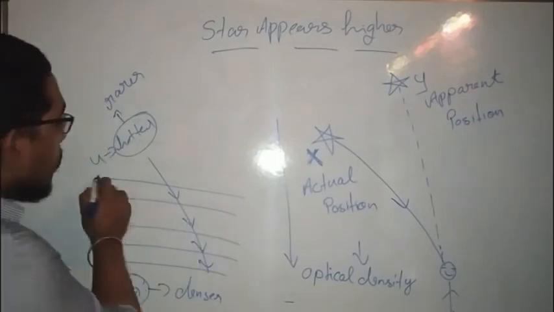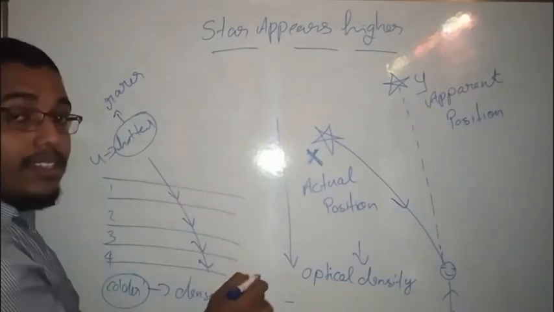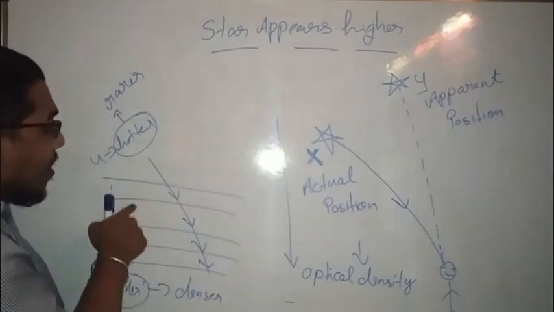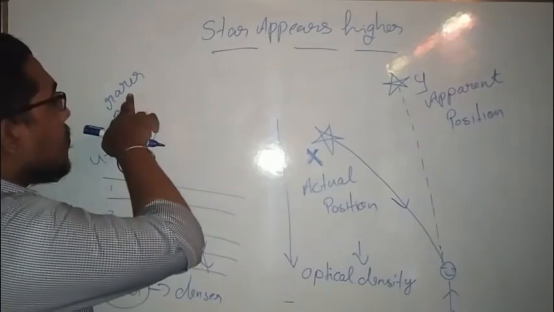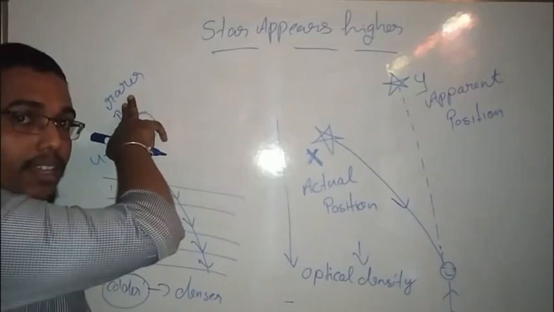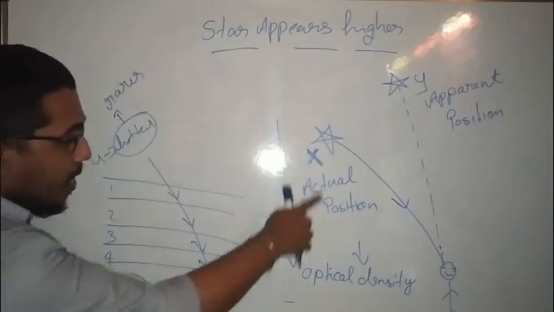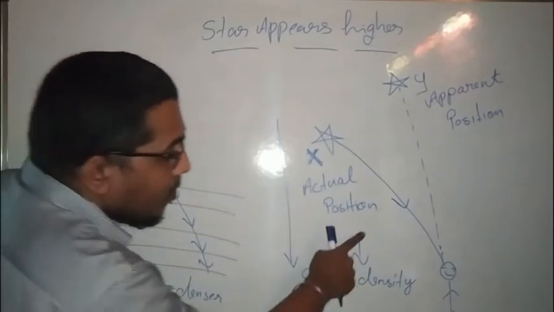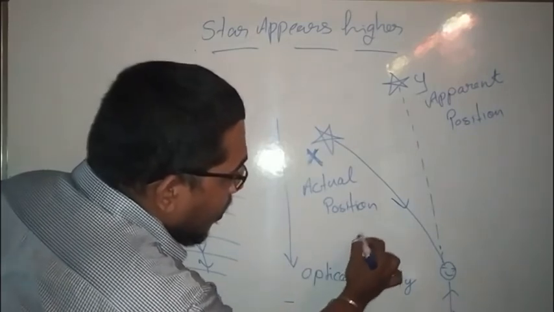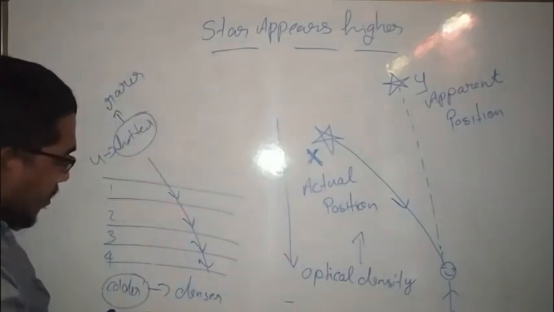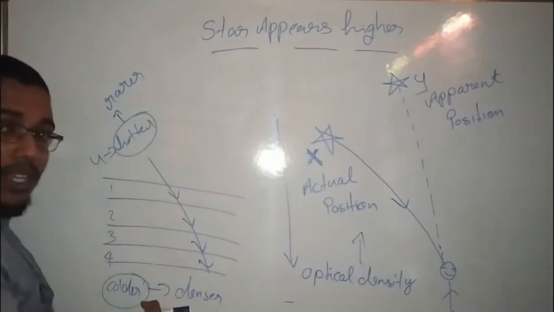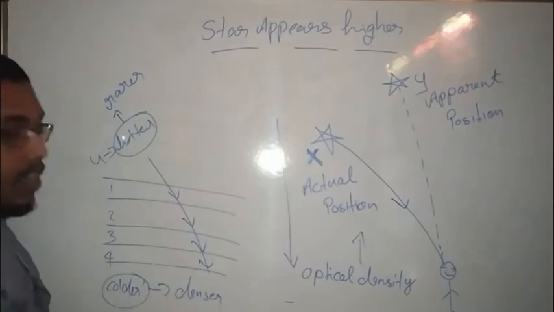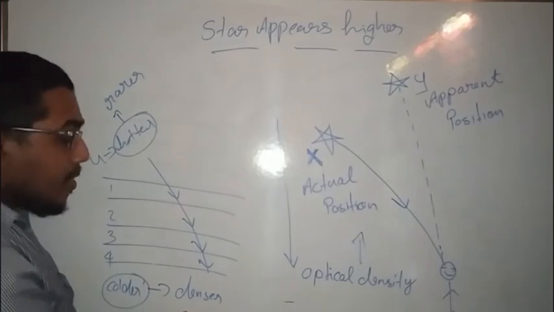The atmosphere consists of different layers and each layer has its own optical density, right? The upper atmosphere is optically rarer. While coming down, the optical density is increasing, and the atmosphere just near the surface of Earth is optically denser medium.